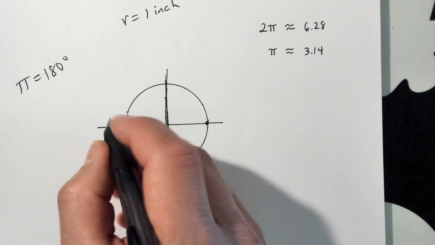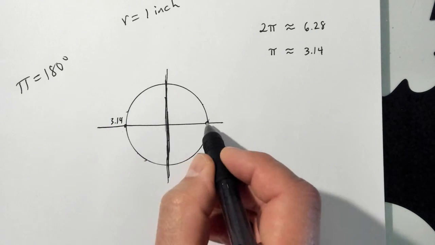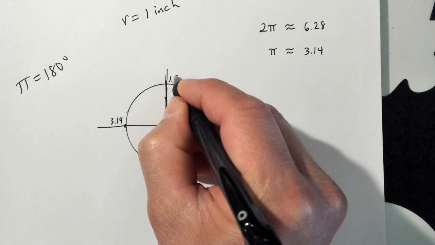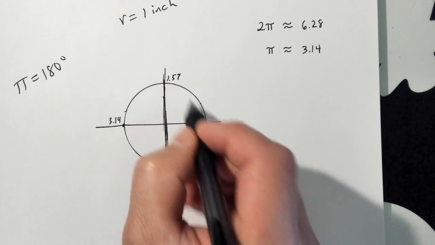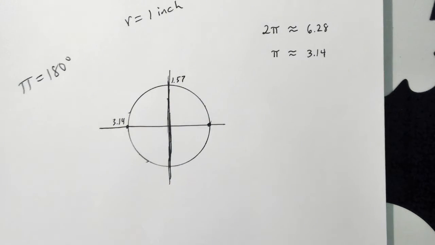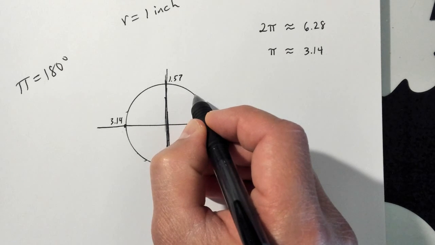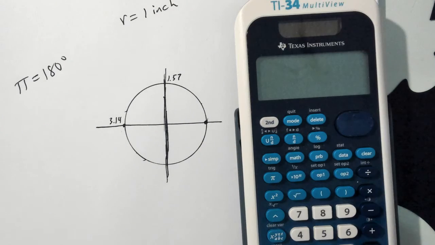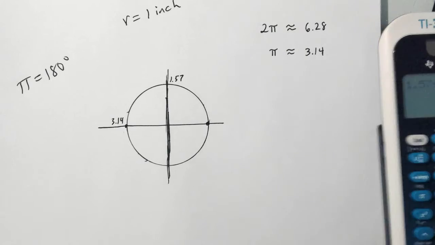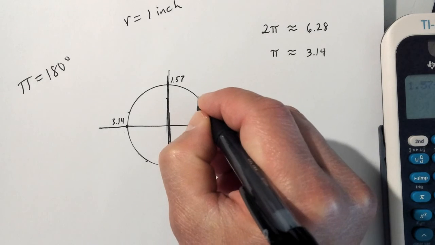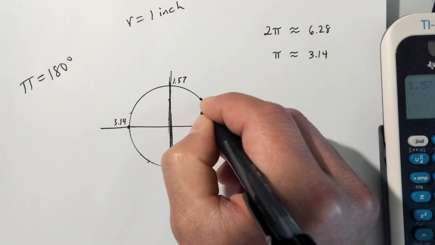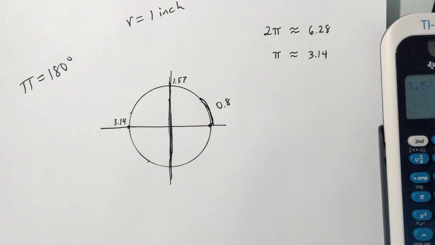So anyways, if this is 3.14, then half of that would be like 1.57. So from here to here is 1.57 inches. Does that make sense? Half of that would be about, shoot, I wish I had some skills today. I'm gonna call it about 0.8. So from here to here, that's about 0.8 inches.